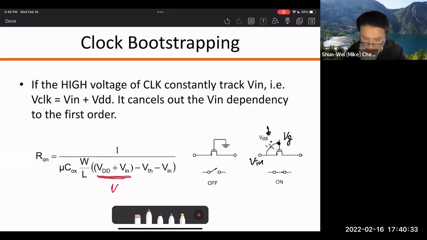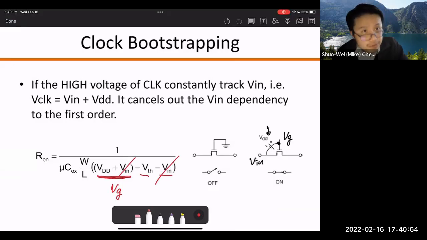This is my gate voltage, so VGS means VG minus V in and minus VTH. If I make the gate voltage exactly VDD plus V in, you know what? When I write down this equation, V in cancels out perfectly, right?